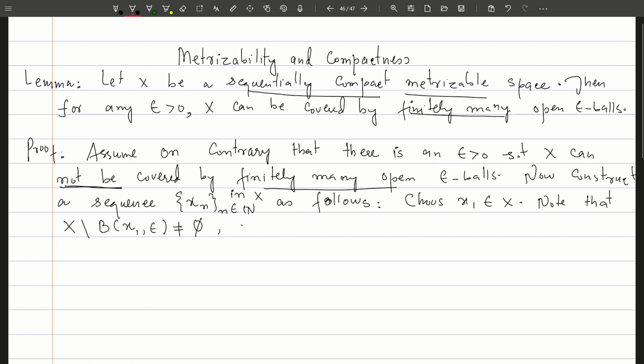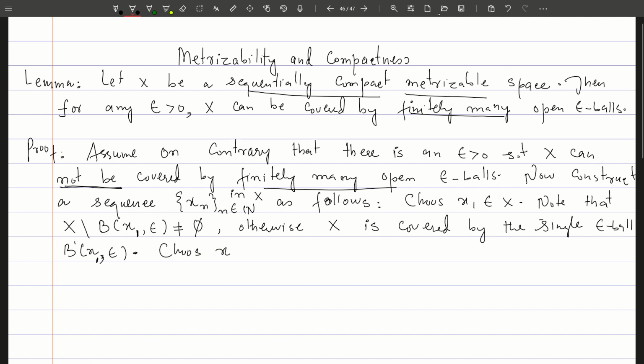This cannot be empty, otherwise X is covered by the single epsilon ball centered at x1 and radius epsilon. So if this set is non-empty, we can pick a point, say x2, in X which is not in the ball centered at x1 and radius epsilon.